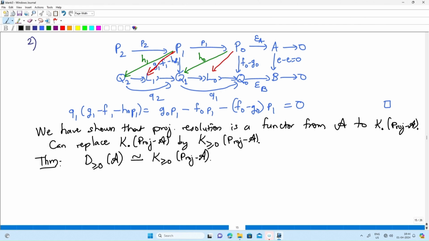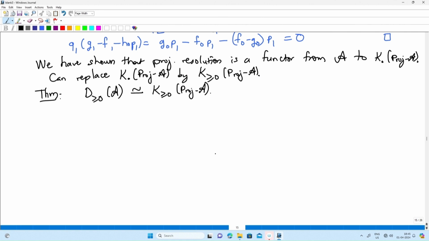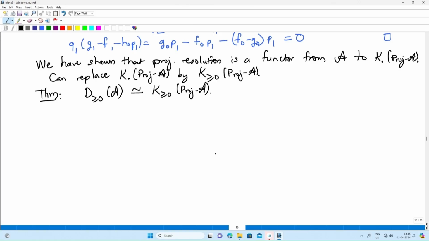I said that the homotopy category K dot A is the naive version, but this particular derived category is the true one, and you can see the arguments. In the derived category I'm using A, whereas on the other side I'm using proj A. Proj A is just an additive subcategory. It's the full subcategory on projective objects. Any questions so far? Okay, so you just accept this particular result without any proof.